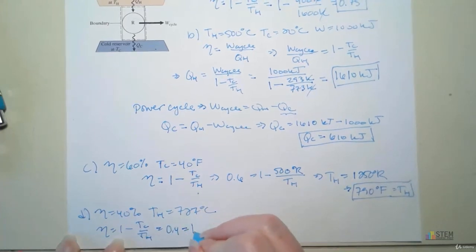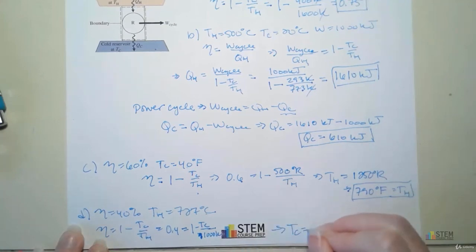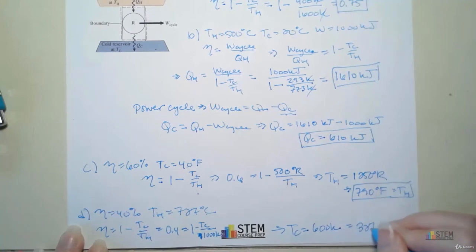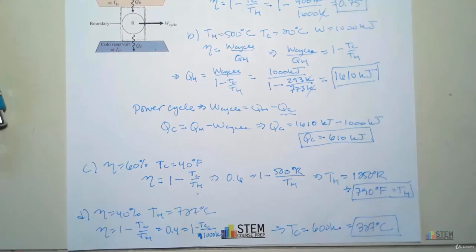So 0.4 equals 1 minus TC over, convert this over, and I almost forgot, so that'll be 1,000 Kelvin. Now you can solve for TC. So you get 600 Kelvin, which is 327 degrees Celsius. That would be the temperature of the cold reservoir.